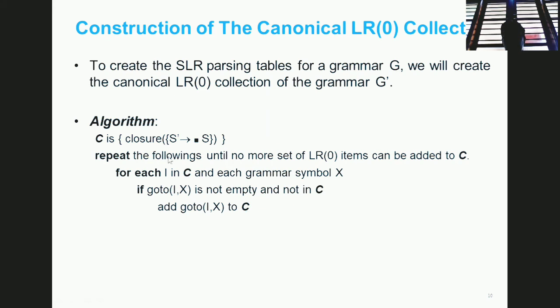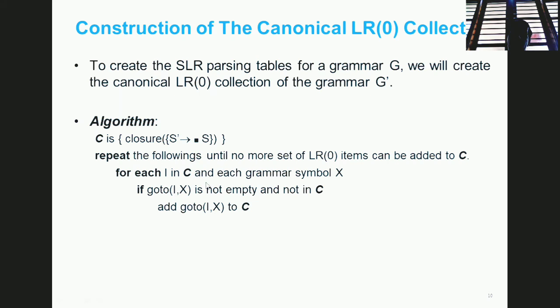So what we do is start with this particular grammar, S dash tends to dot S. For whichever symbol you have, we find goto of I. We have already identified the closure. For each element in the closure of S dash tends to dot S, we find goto of I, that is nothing but the state I, for each symbol X, which may be a terminal or a non-terminal symbol.